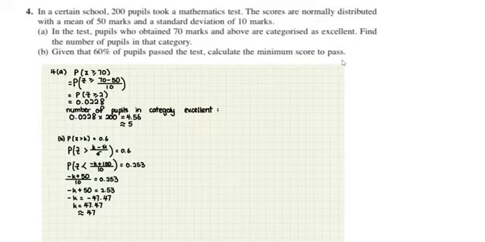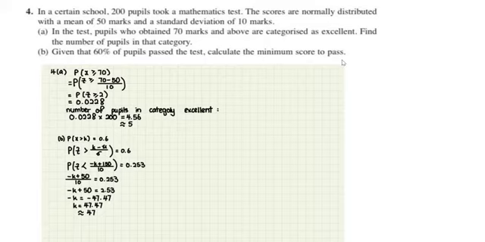From question B, P of S larger than K equals 0.6. P of Z larger than K minus mean divided by standard deviation equals 0.6. P of Z smaller than minus K plus 50 divided by 10 equals 0.253.